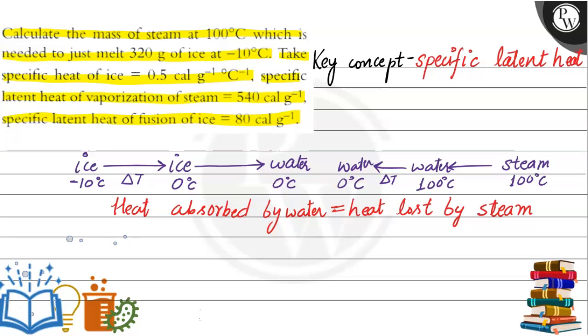So the heat will be to change temperature minus 10 to 0 degree Celsius mass times of specific heat capacity of ice times of change in temperature plus mass times of latent heat of fusion is equals to mass times of change in temperature times of specific heat capacity of water plus mass times of latent heat of vaporization.